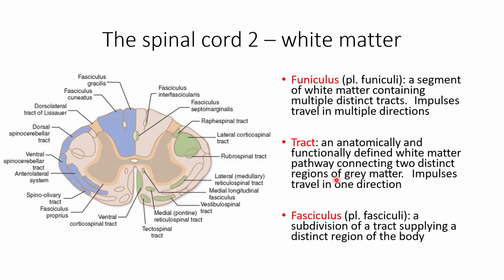Next, we're going to think about the white matter of the spinal cord. Now, we said that the spinal cord contains a central H or butterfly-shaped region of grey matter surrounded by white matter, and it is this white matter that we're going to focus on.